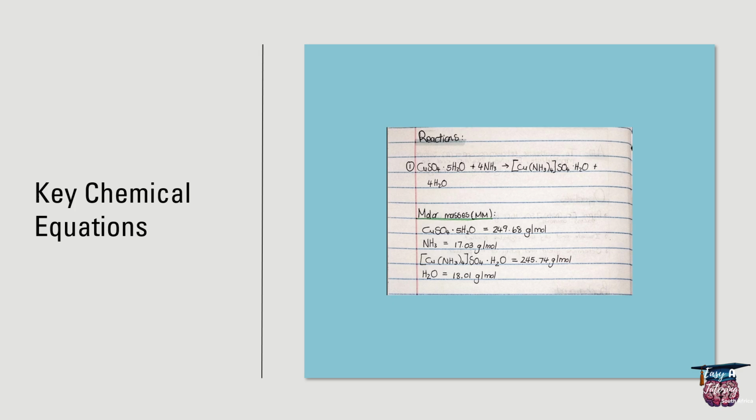Now, I also like to go and add the molar masses of all my reagents to this step over here, because once it is done, you can check it off a list and move on, and then you can always refer back to it because you know it's there.